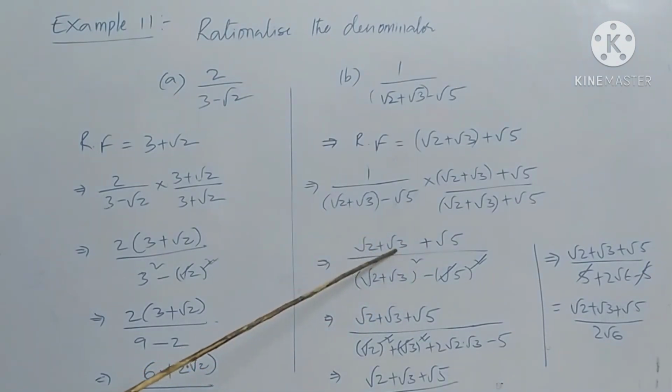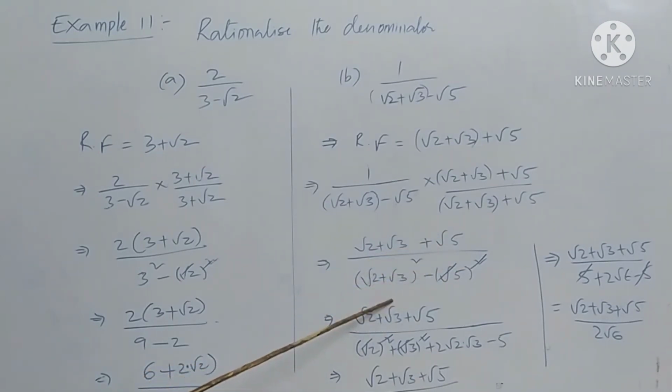Numerator is root 2 plus root 3 plus root 5. By the (a plus b) whole square formula, a square plus b square plus 2ab. Here a square is root 2 square, plus b square is root 3 square, plus 2 into ab, where a is root 2 and b is root 3, minus root 5 square, where the square root cancels.